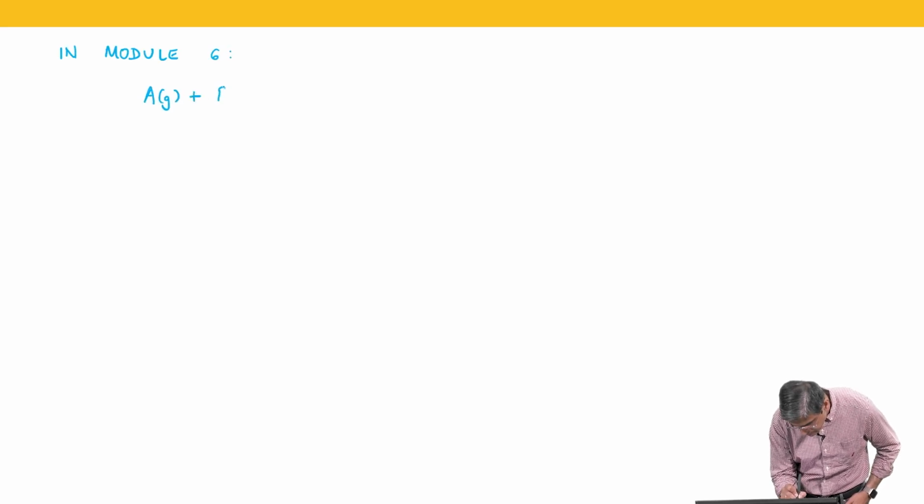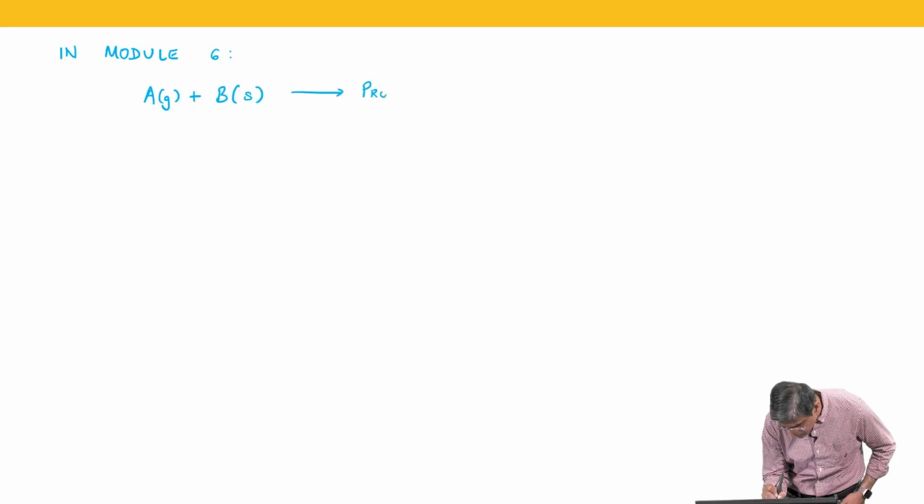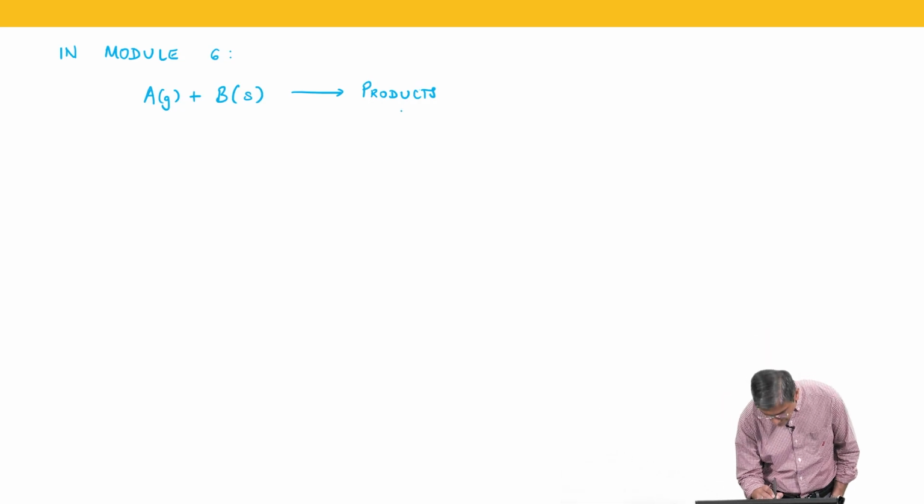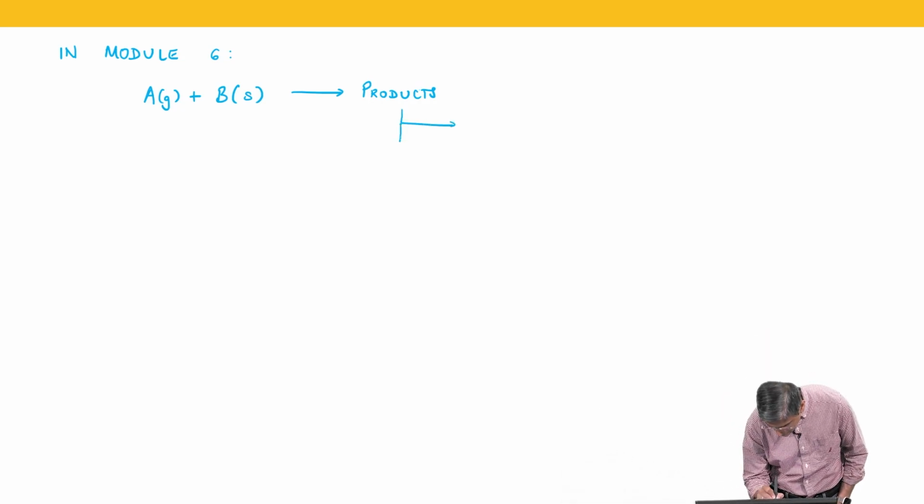But in module 6, you had giving product. And in this case, there were two possibilities.